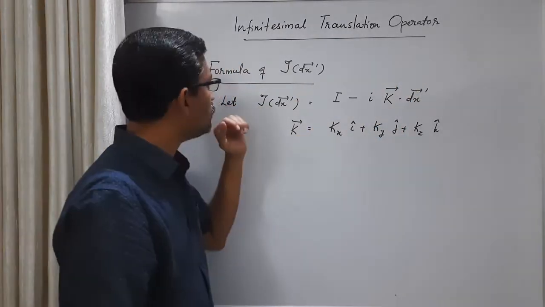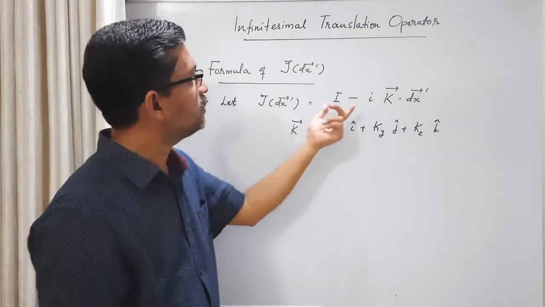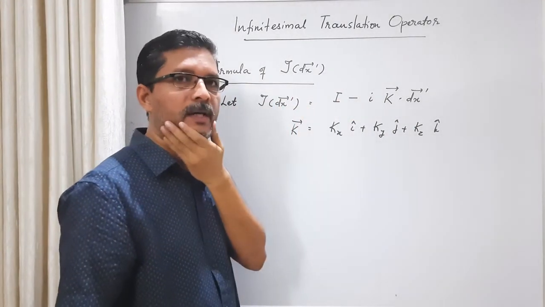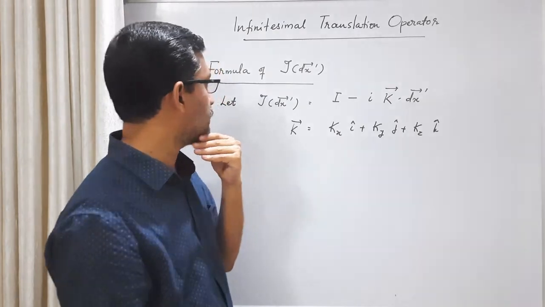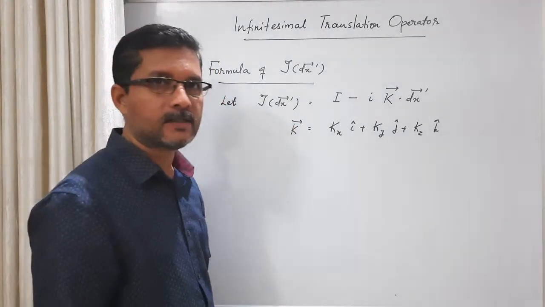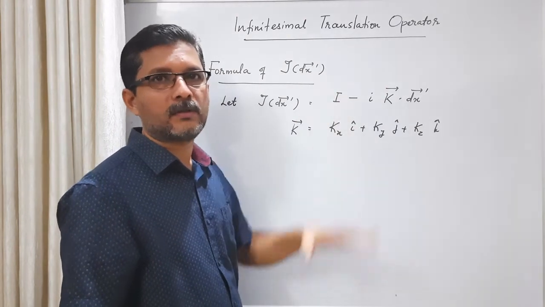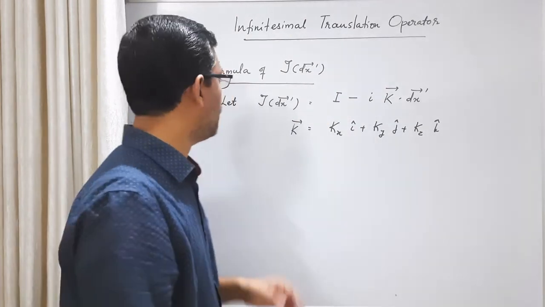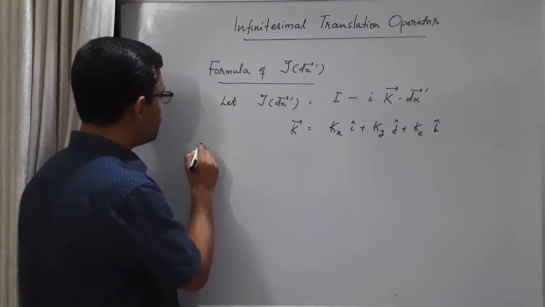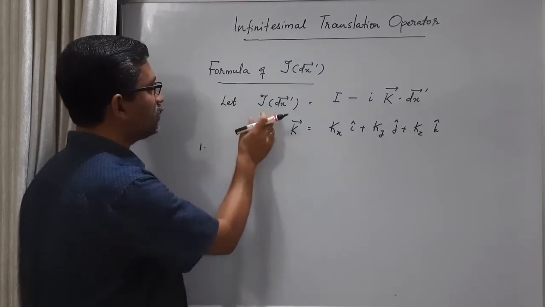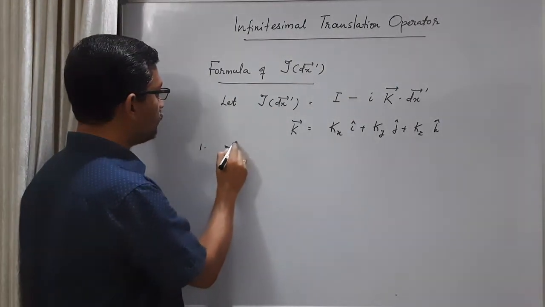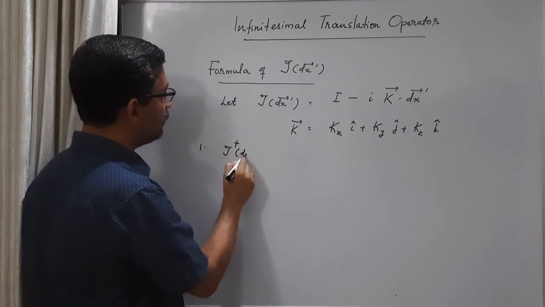So we postulate this particular form for the infinitesimal translation operator. Let us now verify that this formula is consistent with all the four properties that we have identified. The first property is that we want to see whether it is unitary. So let us calculate what is I dagger I.